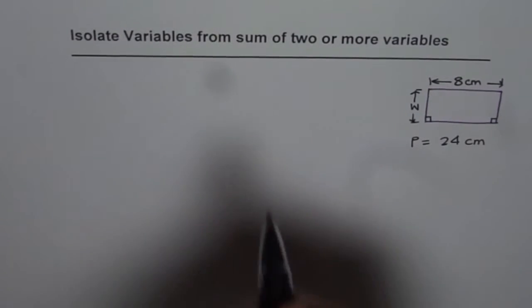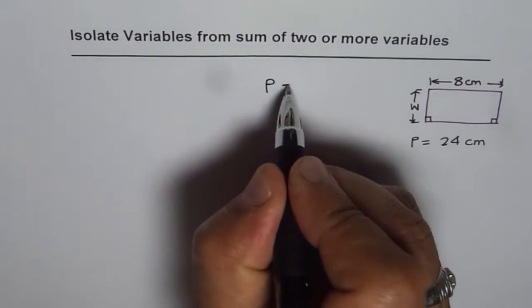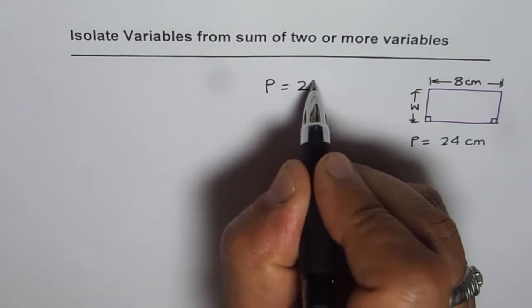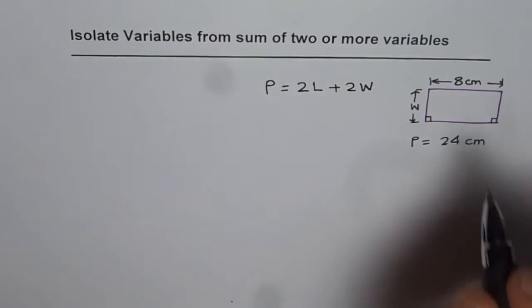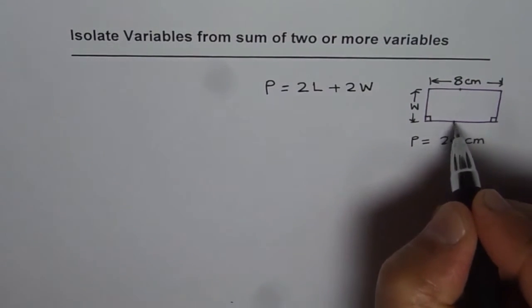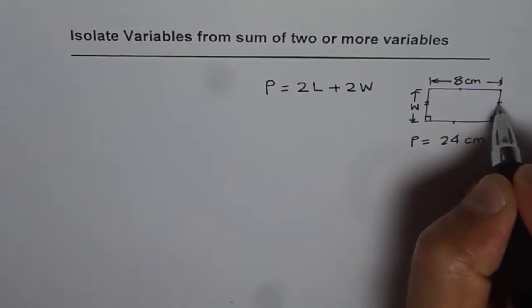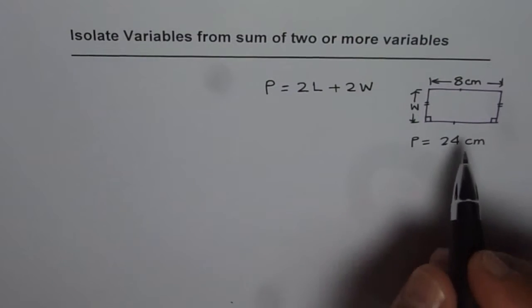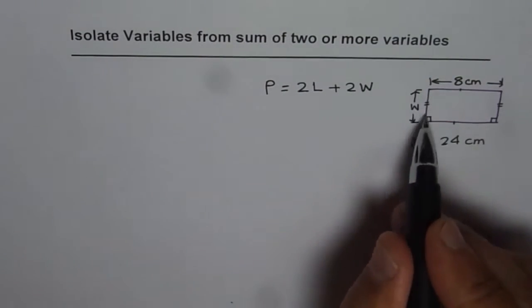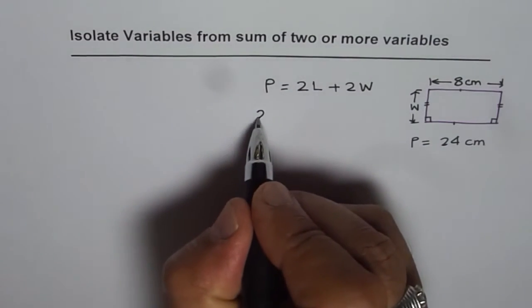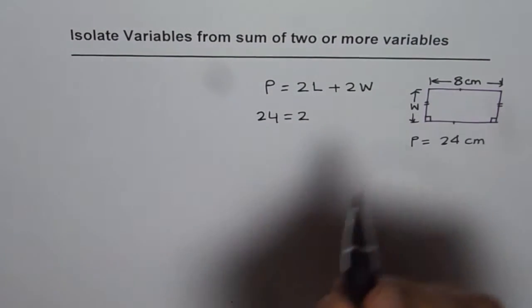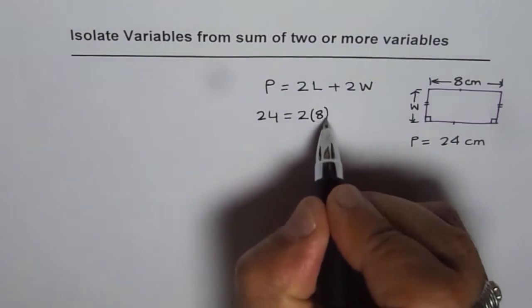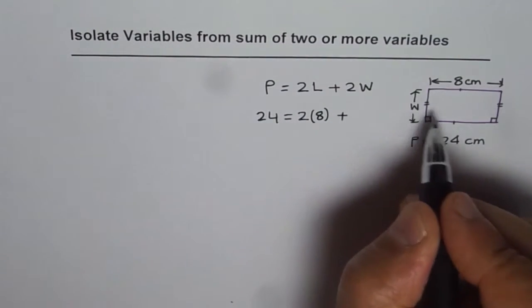Well, you know, perimeter is equal to twice length plus twice width, right? Since the opposite sides of the rectangle are equal, in this case we say 24, which is the perimeter of this rectangle, should be equal to 2 times length, which is 8, plus 2 times width, right?